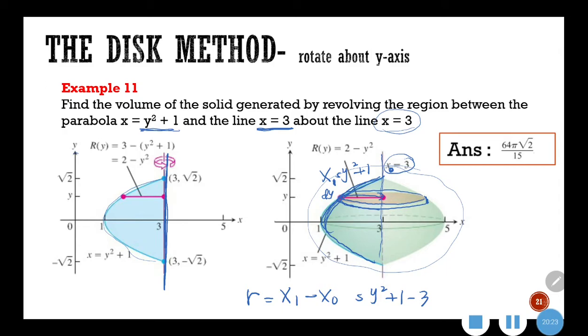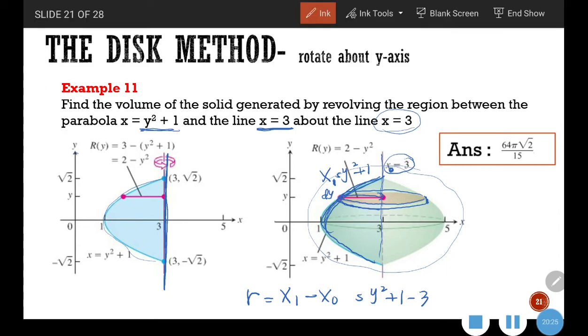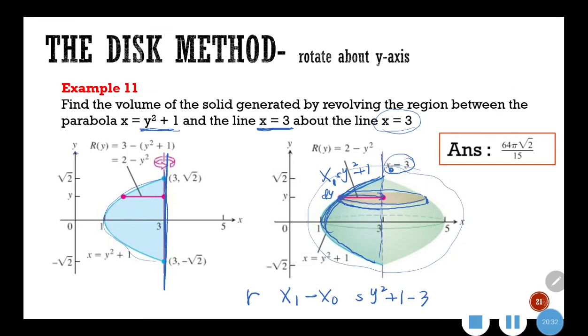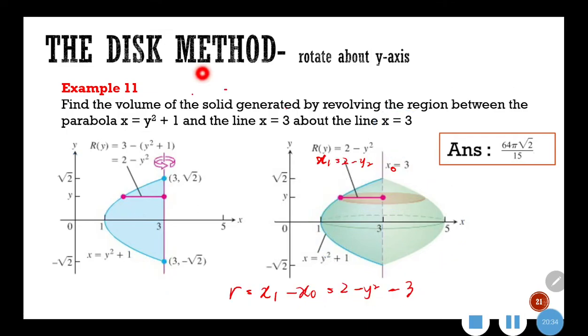Oh sorry, I just made a mistake earlier. I put x1 minus x0. What I wrote earlier, r equals x1 minus x0, was actually a mistake. Why was it a mistake?